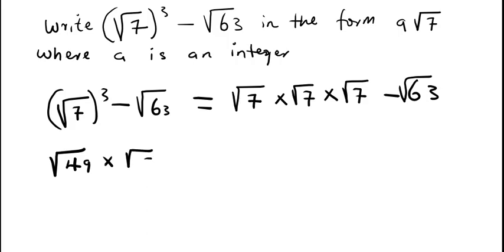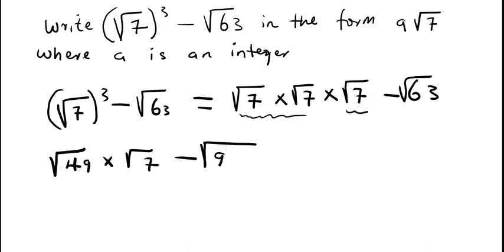In this case, we are going to multiply root 7 multiplied by root 7, which will give us root 49, then multiplied by the remaining root 7. Then for 63, you're going to look for two numbers that when you multiply them, you get 63, but one of the numbers must be a perfect square. Here, you will have 9 multiplied by 7.